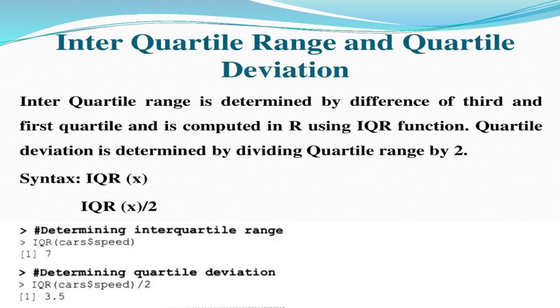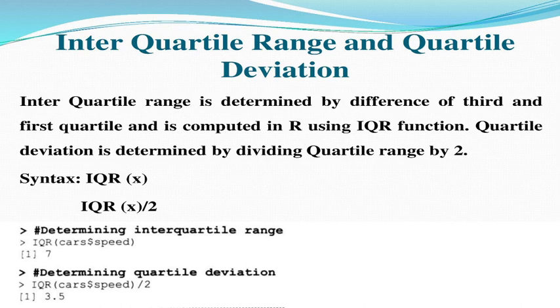An interquartile range is a measure of where the bulk of the values lie. Interquartile range is determined by the difference of the third and first quartile and is computed in R using the IQR function. Quartile deviation is determined by dividing the interquartile range by 2.